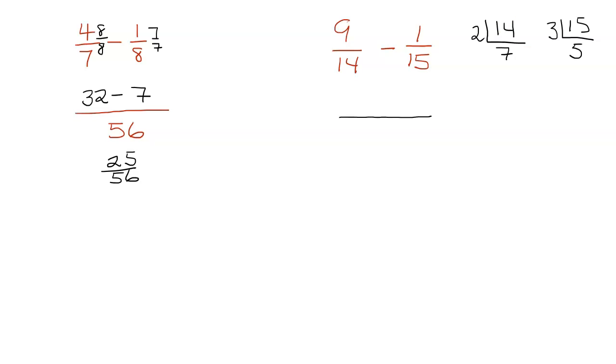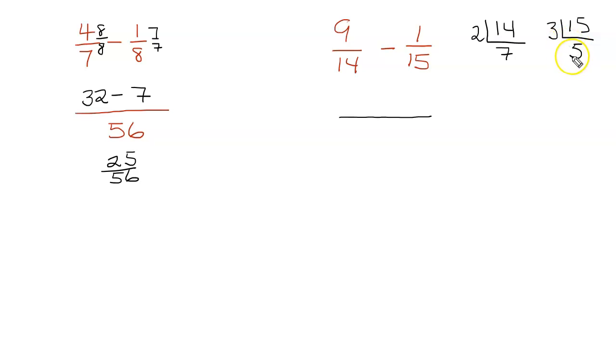So 14, we have a 2 times 7 is 14. So over here we have the prime factorizations. And 15 is 3 times 5.